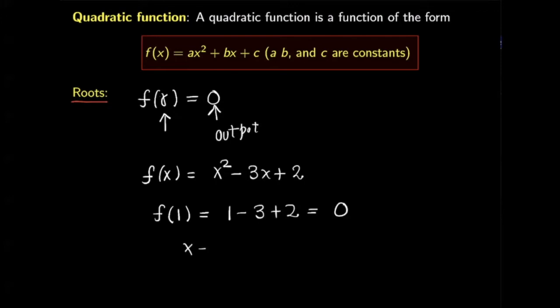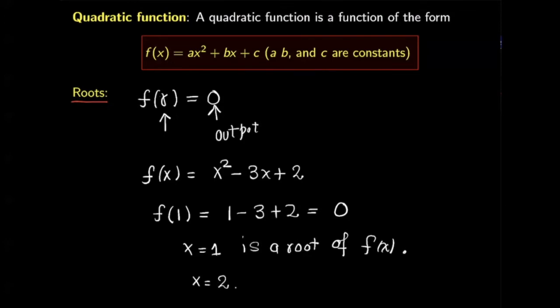Therefore, x is equal to 1 is a root of f of x. There can be more than one root. For example, if you plug in x is equal to 2, this will also be a root of that quadratic function.